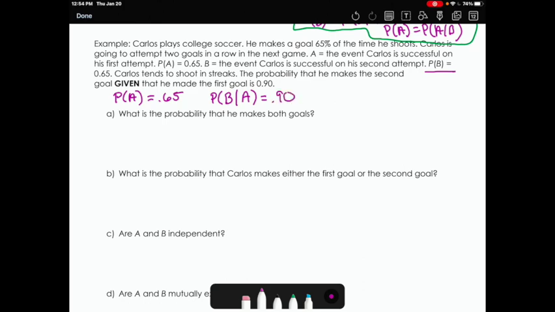So that's the notation we're going to use, and that's given to us in the problem, which is 0.90. We're going to use this information to answer the following questions. So part A says, what is the probability that he makes both goals? So this means we're trying to find the probability that he gets a score on the first attempt and a score on the second attempt.